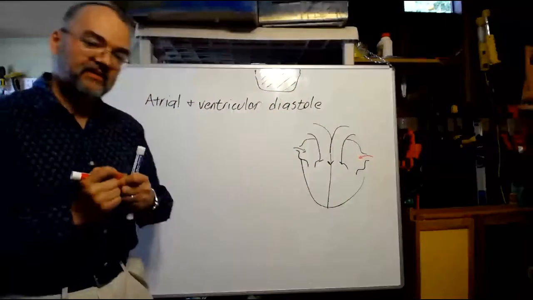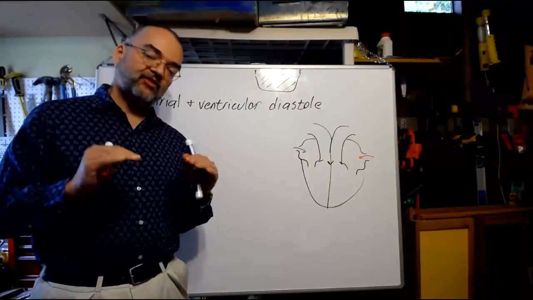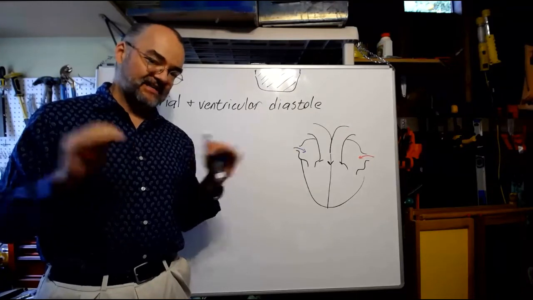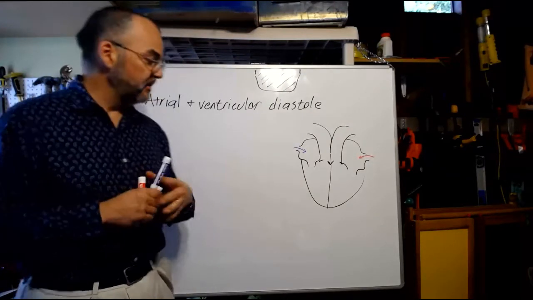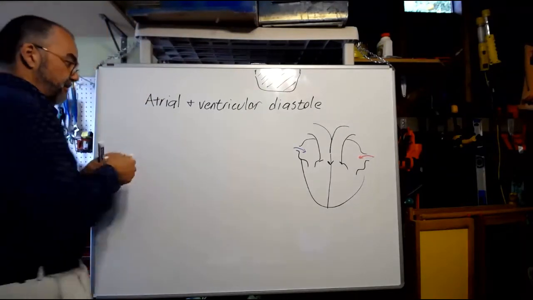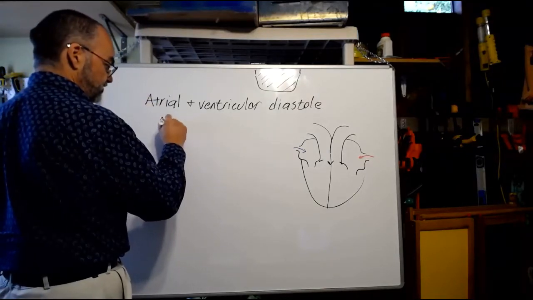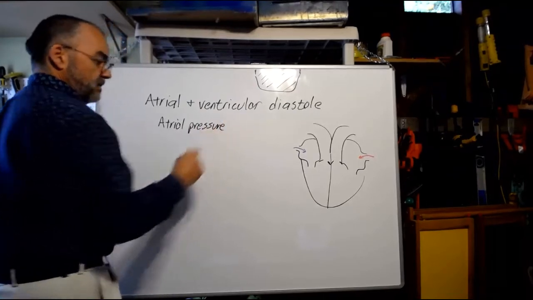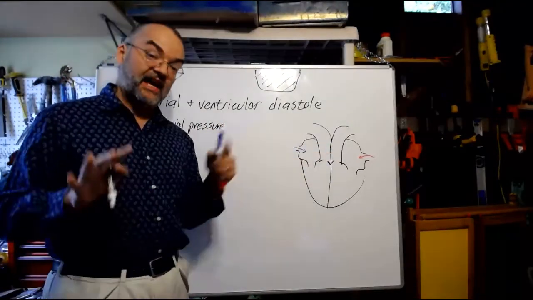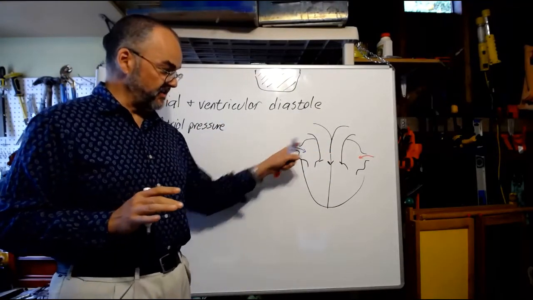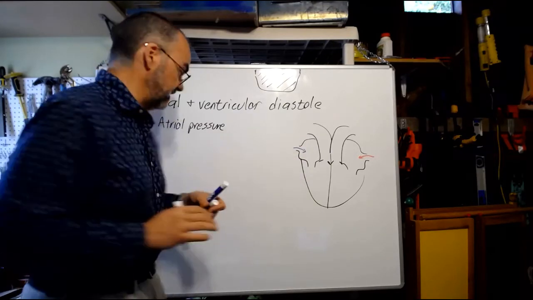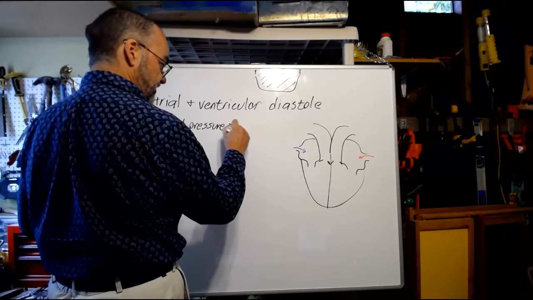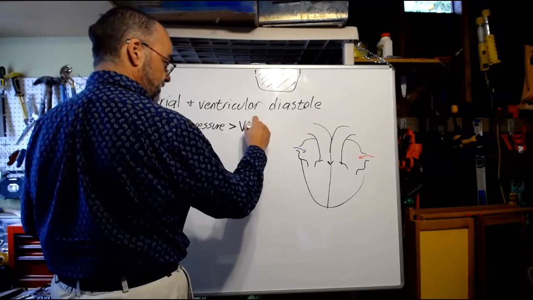So blood is entering the atria, which means atrial pressure is slightly rising as you're adding more blood to it. So during this time, the pressure in the atria is higher than the pressure in the ventricles because they're getting new blood and the ventricles are not. So we'll say atrial pressure is greater than ventricular pressure.